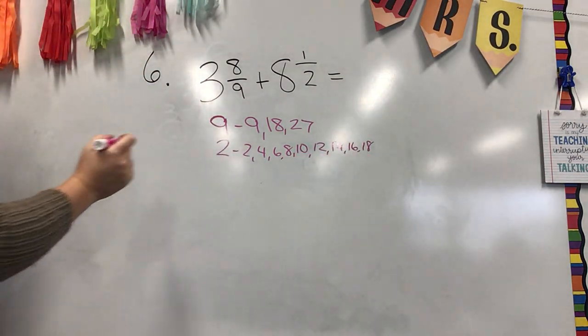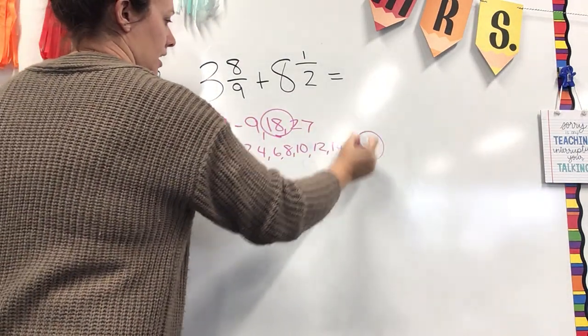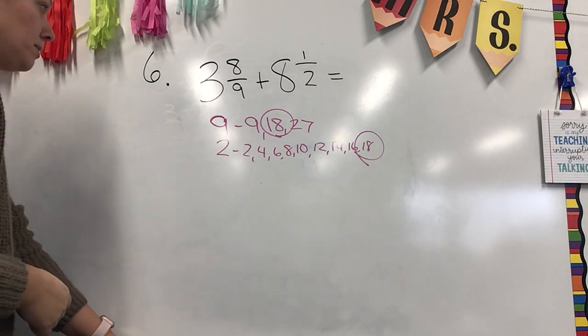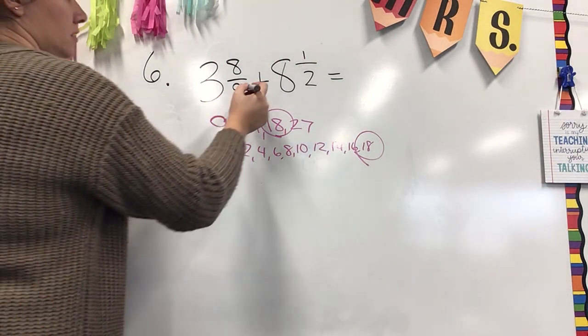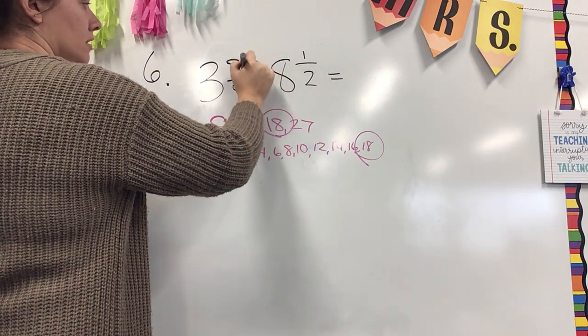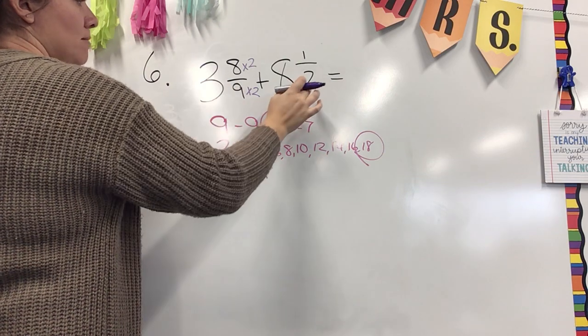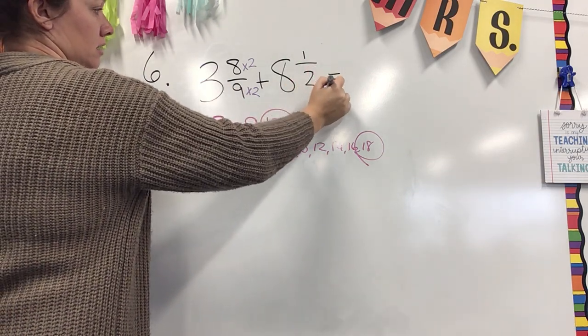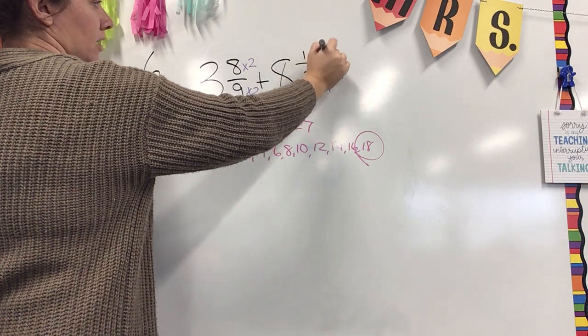So what's our common denominator? 18. All right, to get this 9 to be an 18, what do I have to do to it? Times it by 2. And when I do the bottom, I also have to do the top. Good. How do I make this 2 into an 18? By 9. And we have our jealous sibling.